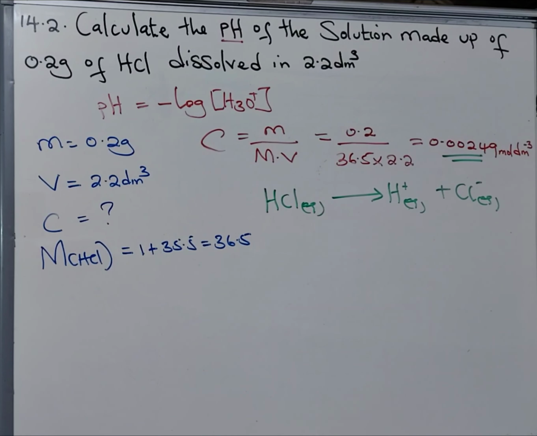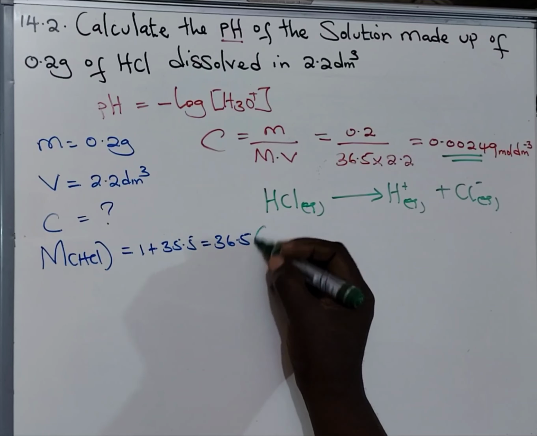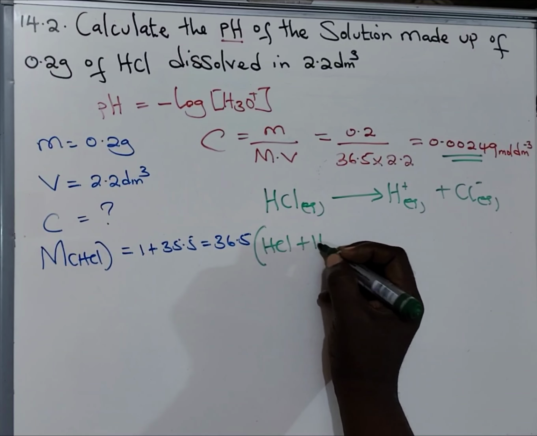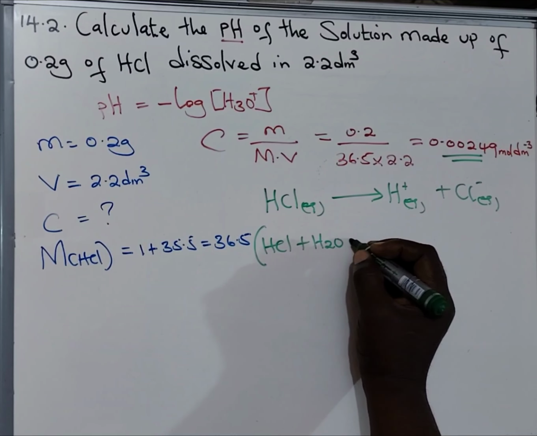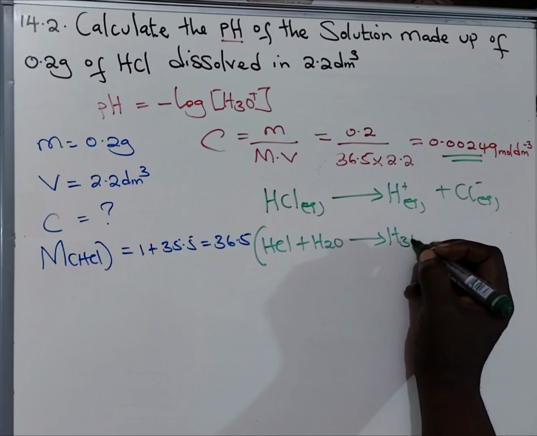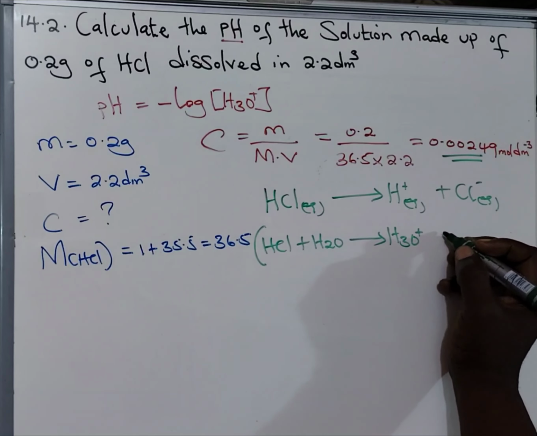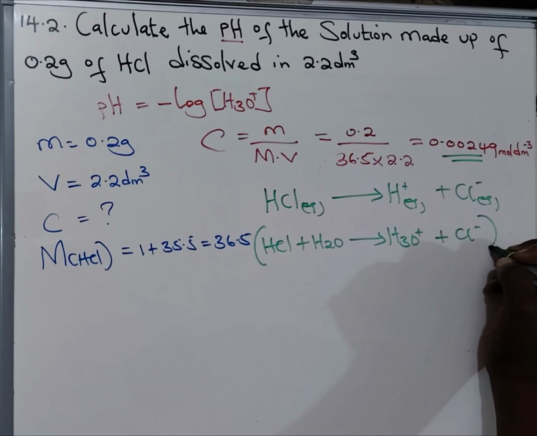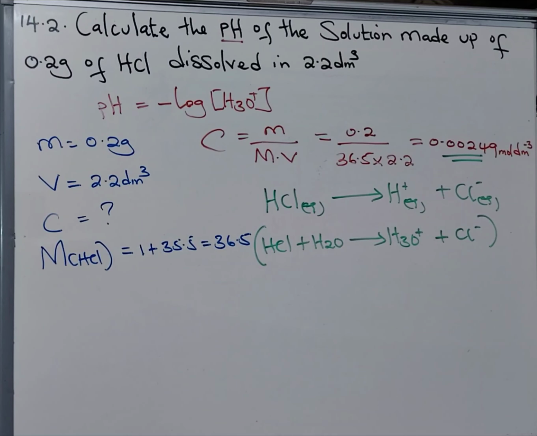Or you can use water and say HCl plus water. It is the acid, so donating a proton gives you hydronium ion, plus the chloride ion that remains after donating a proton.